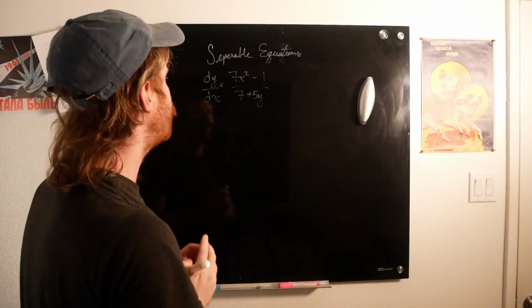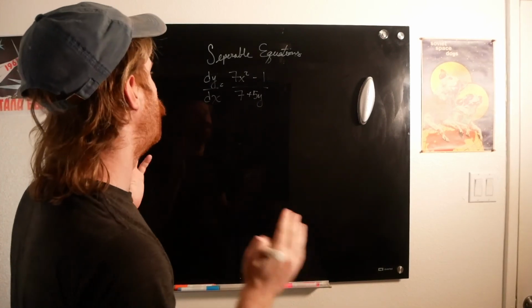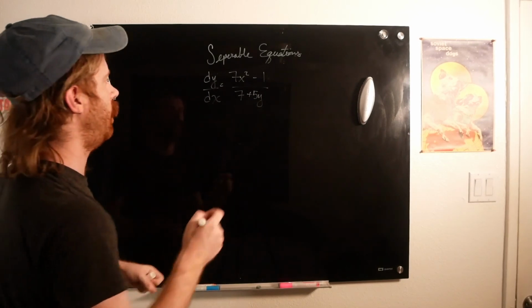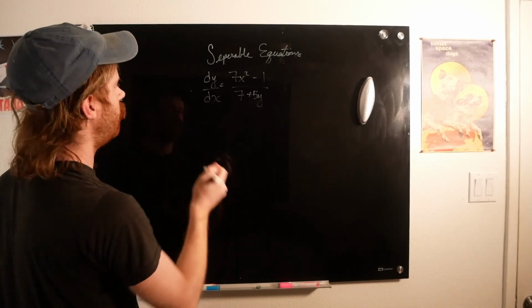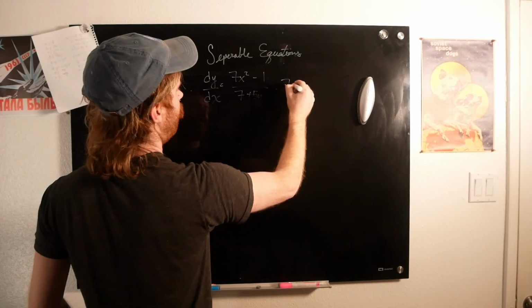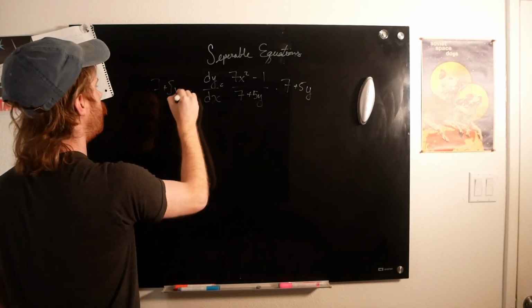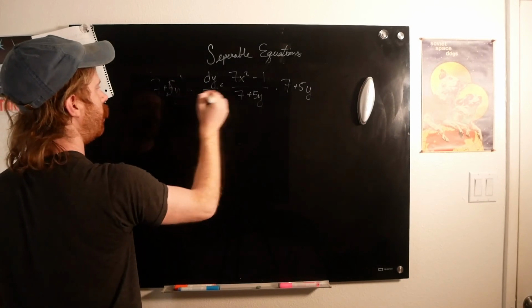So now basically how are we going to get everything, each in terms of its own type of variable. So let's go ahead and multiply by 7 plus 5y on both sides.